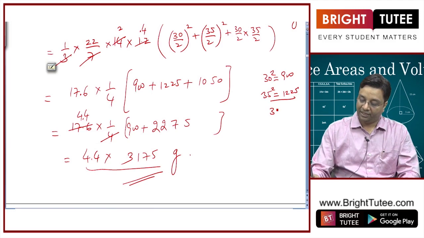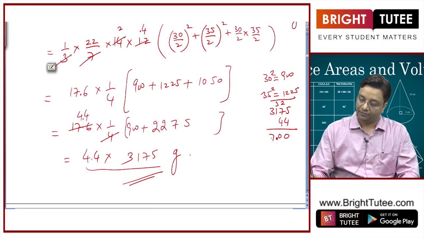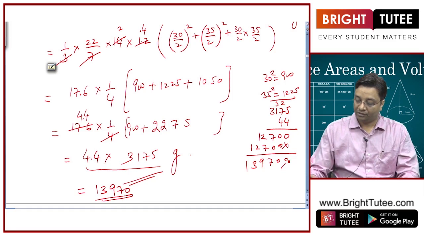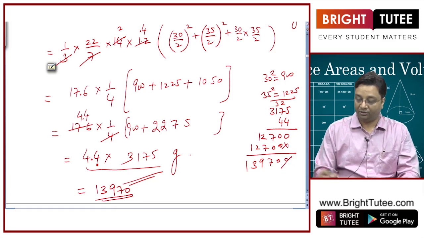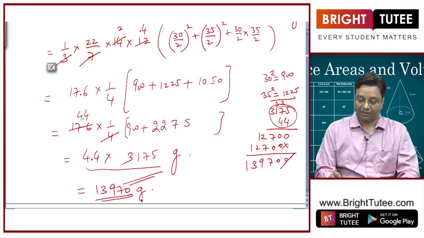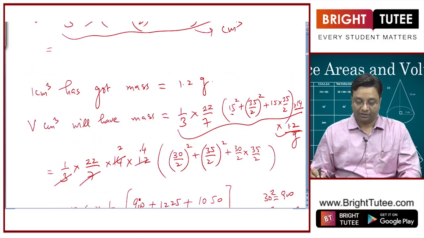Okay. So let me multiply this to get you the final answer. So this will be equal to 13970. Okay. 10 you have to remove because I didn't take this decimal into consideration while multiplying. So you will have to remove 10. So this much grams is the mass of the molasses.